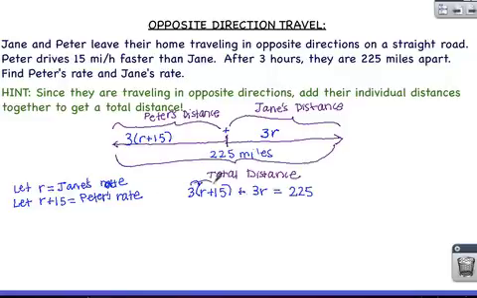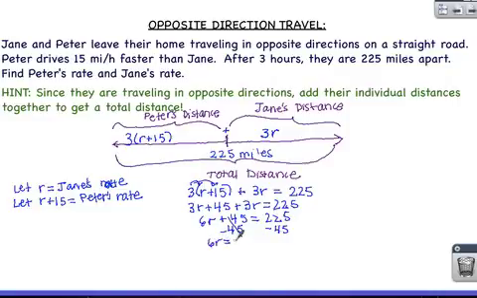Now I can go ahead and distribute to get that 3r plus 45 plus 3r equals 225. Combine like terms, 6r plus 45 equals 225. Subtract 45. So I get that 6r equals 180. Divide by 6, and we get that r equals 30. R was Jane's rate.